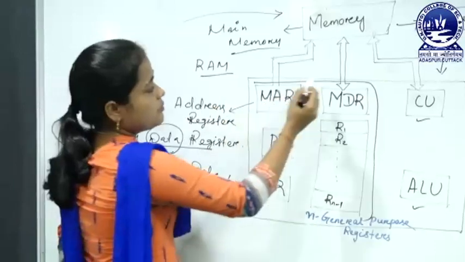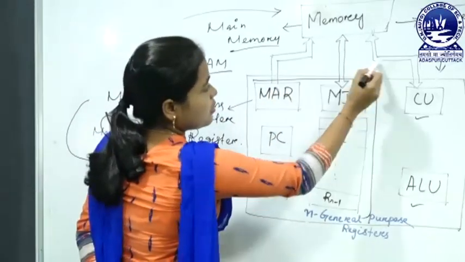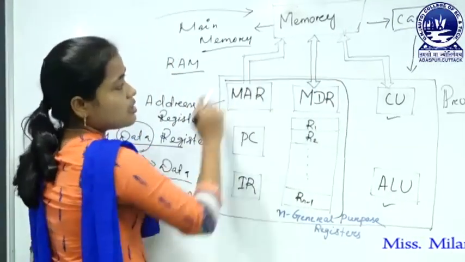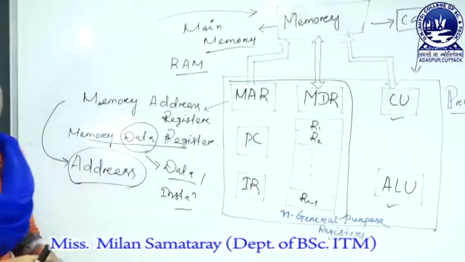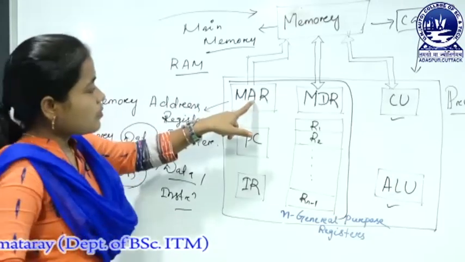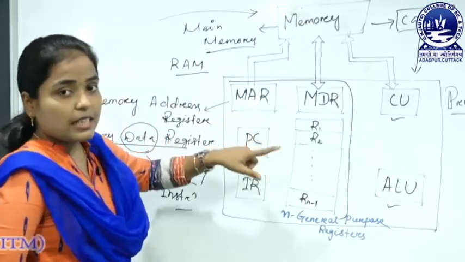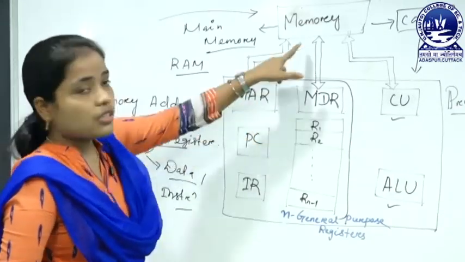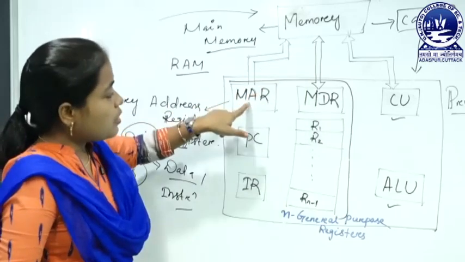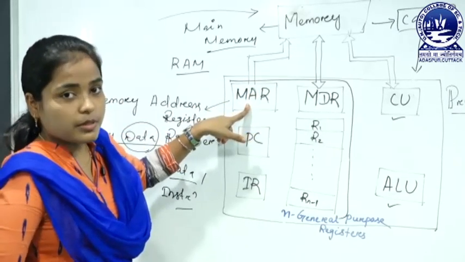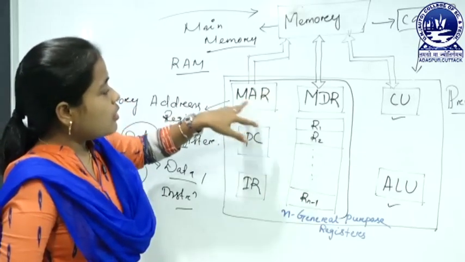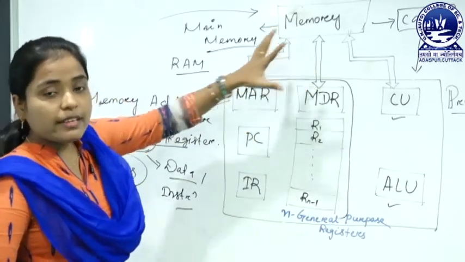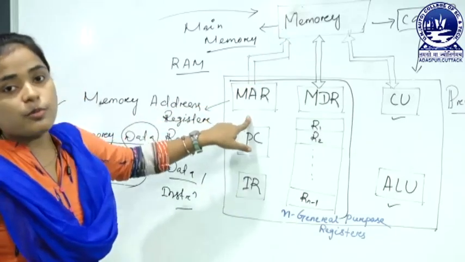As you can see, some connections are unidirectional and some are bidirectional. Unidirectional means the data can be transferred only from the processor to the memory. That is the case for the memory address register: it can transfer the address to the memory, but the memory cannot transfer the address to the processor.